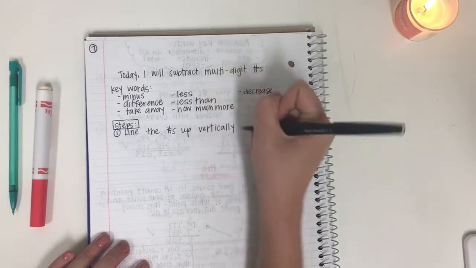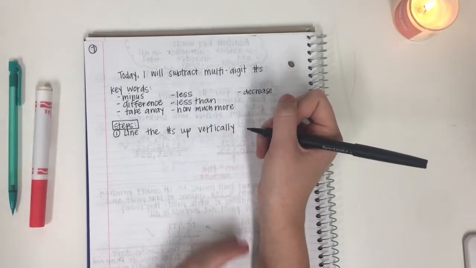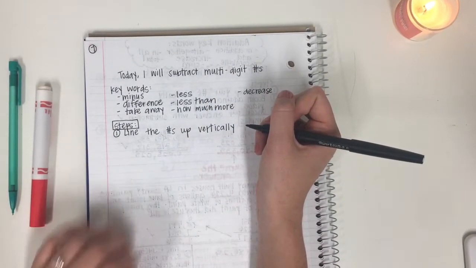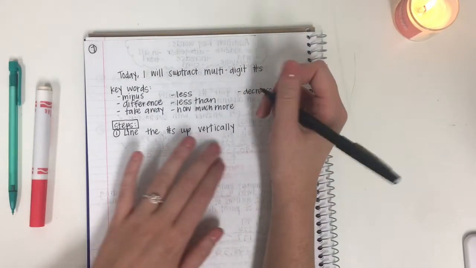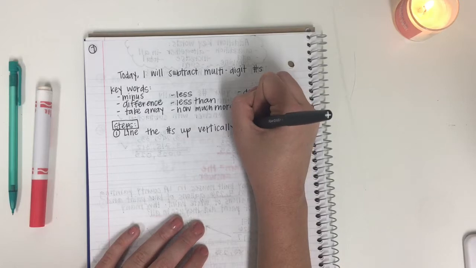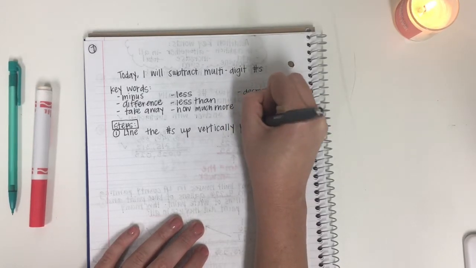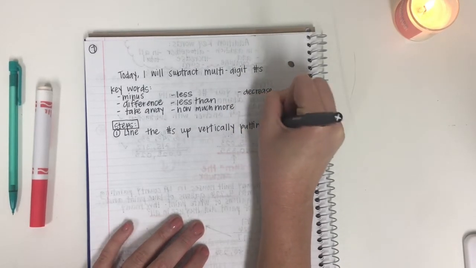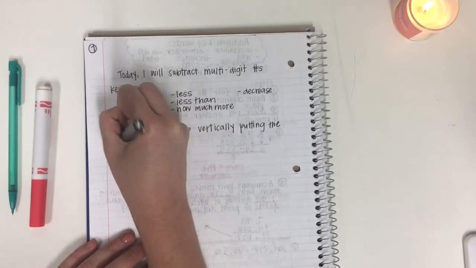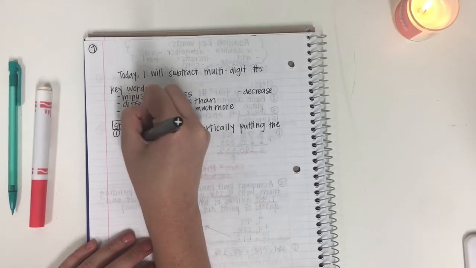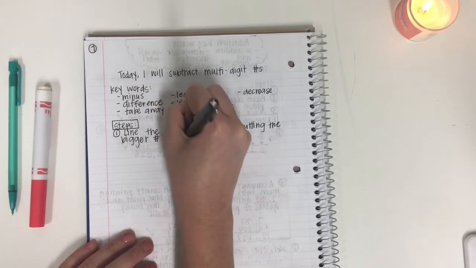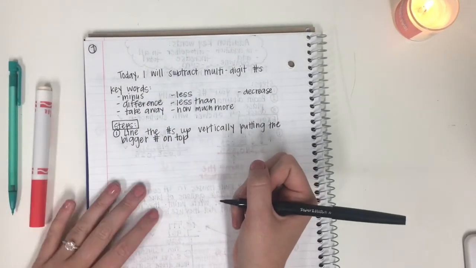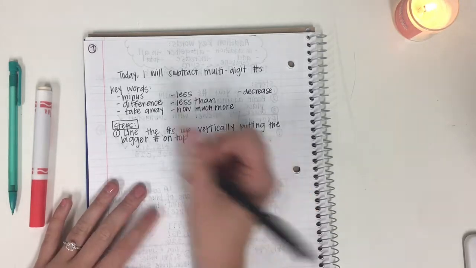And this is to make sure that our place values are lined up so that when we subtract, we're subtracting from the right value. Step 2, or let's line the numbers up vertically, putting the bigger number on top, just so that our subtraction's a little easier. Why make it harder on ourselves when we don't have to?